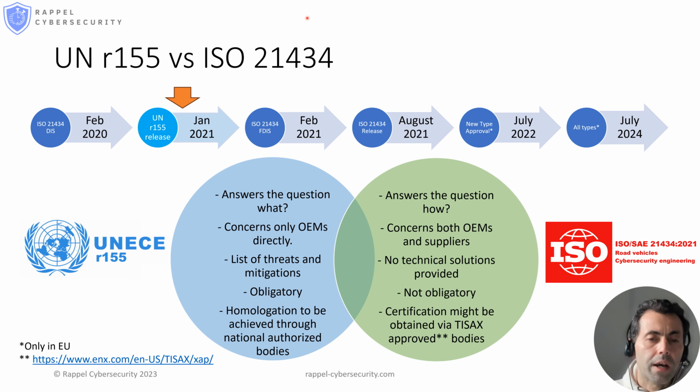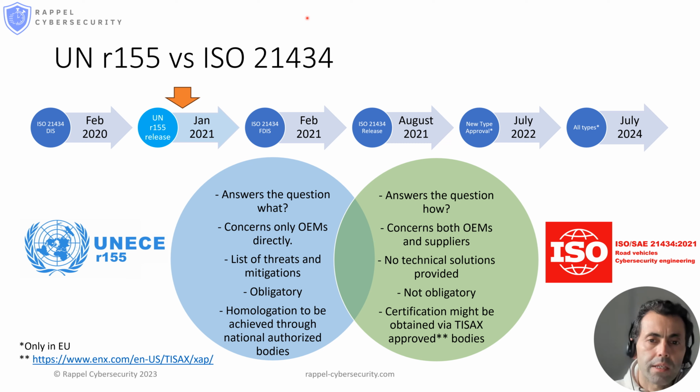UNR 155 lists threats and corresponding mitigation, then requires OEMs to justify compliance with these requirements. On the other hand, ISO 21434 doesn't provide any technical solutions. Therefore, the OEMs and their suppliers will rely on their own technical expertise to mitigate the cybersecurity risks.